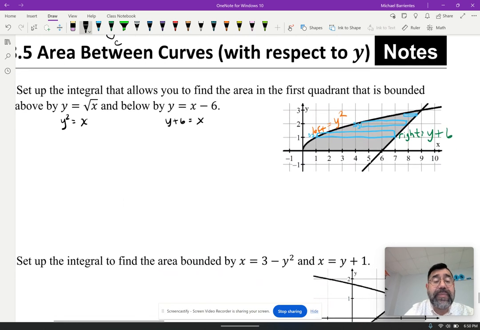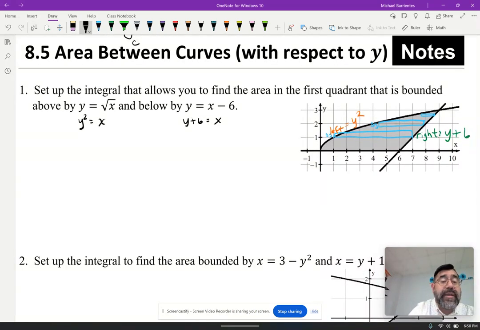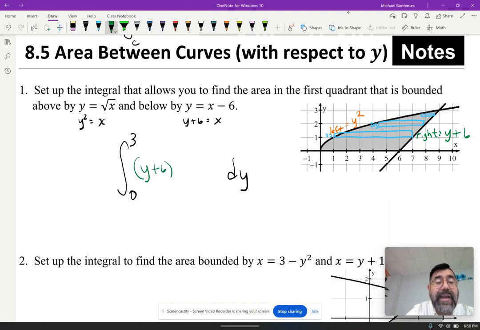So when I look at this setup for number 1, this is going to be the integral from the lowest y where the shading is, that would be y equals 0, up to the highest y where the shading is, and those intersect at 3. dy, because that's the width of that little skinny rectangular strip. And then the length of that strip is the top function, the right function, which is y plus 6, minus the left function, which is y squared.